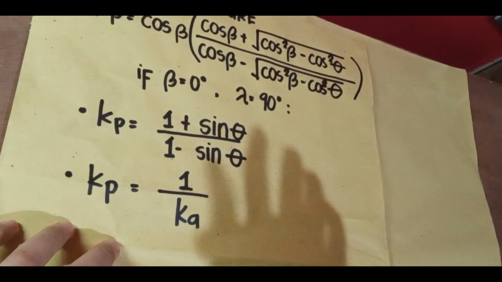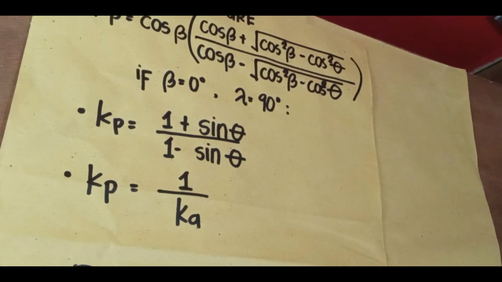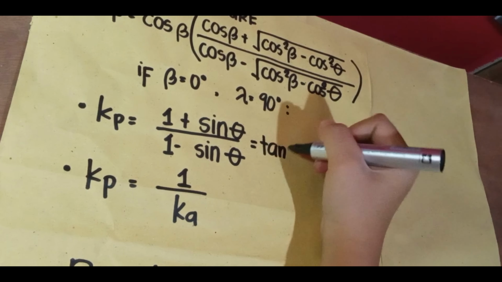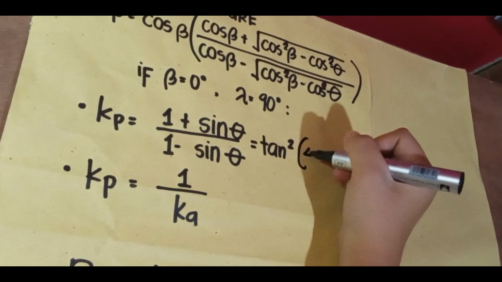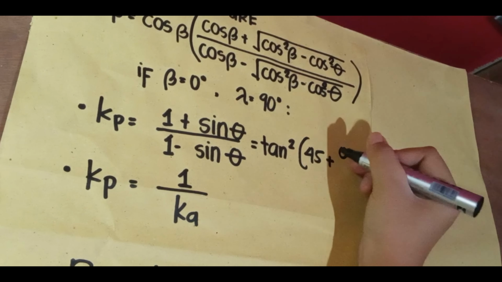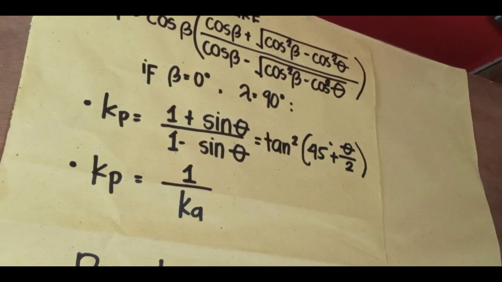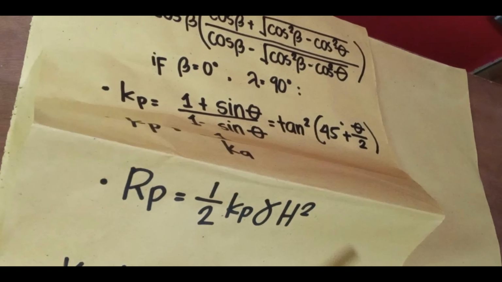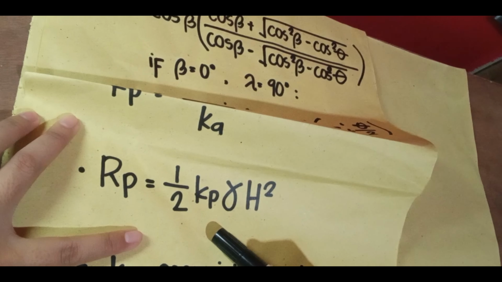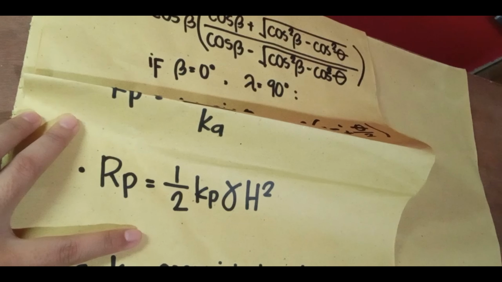Or in the easiest way, the formula is 1 over Ka. It is the opposite of active pressure: instead of minus 45, it is plus 45 degrees over 2. And the formula for passive pressure is the same as active pressure, but the difference is the coefficient.